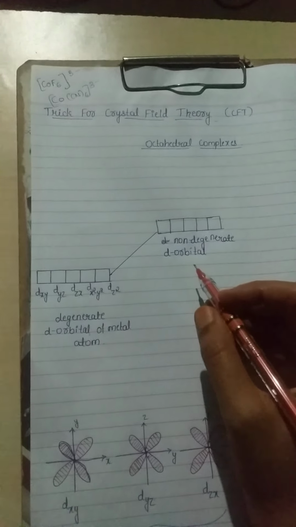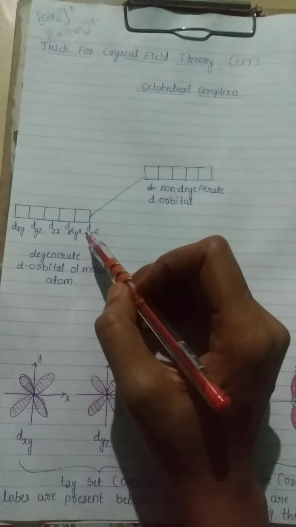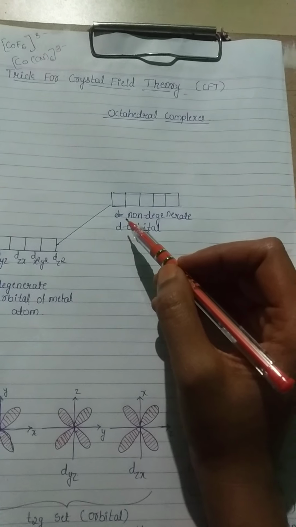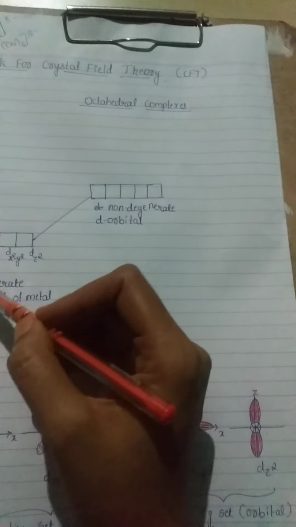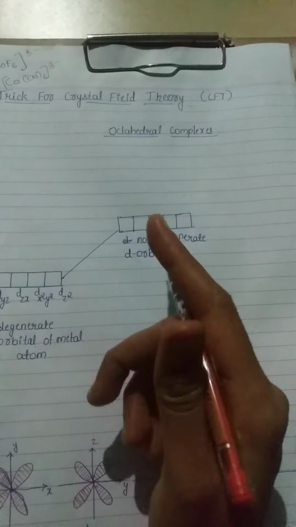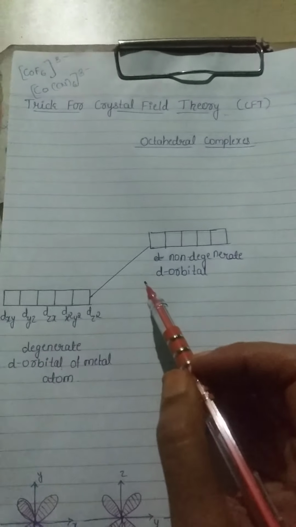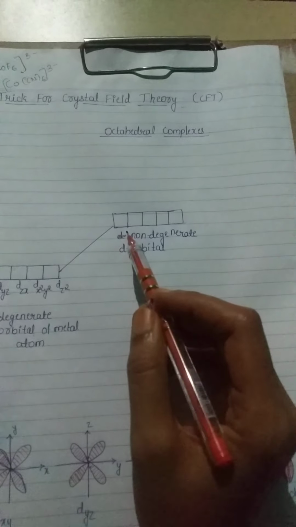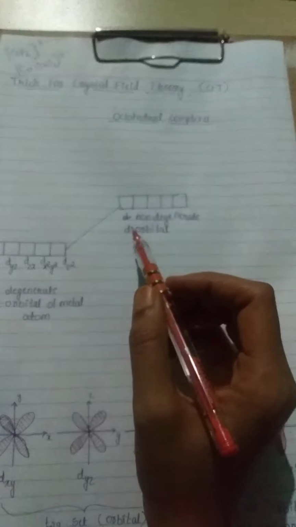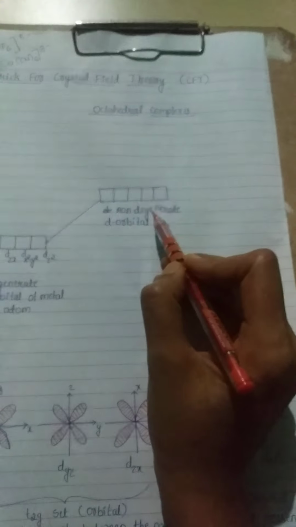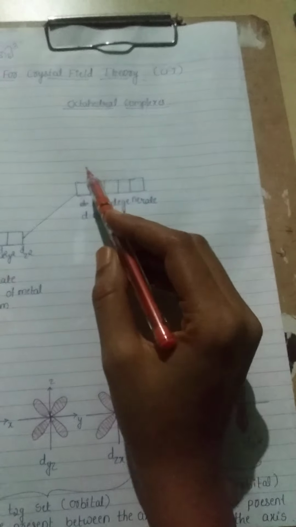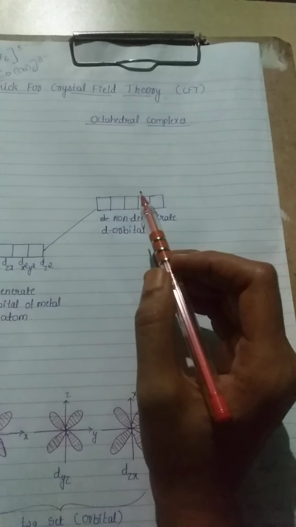Here what happened: the metal consists of electrons and the ligand also consists of electrons. When these ligands approach the metal, there will be a repulsion between the ligands as well as the d orbitals. Whenever there is a repulsion, these d orbitals lose their degeneracy. Once the energy is lost, they are called non-degenerate d orbitals, which do not contain the same energy.